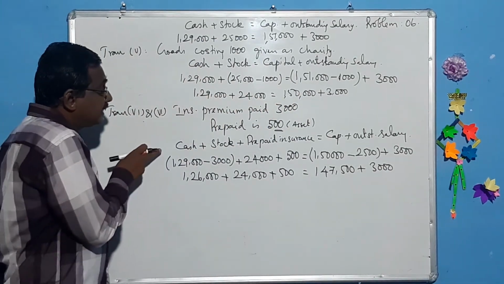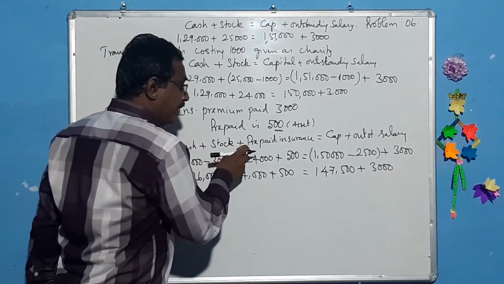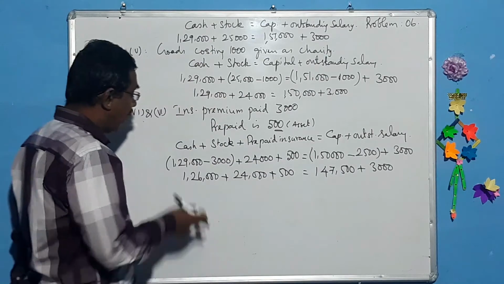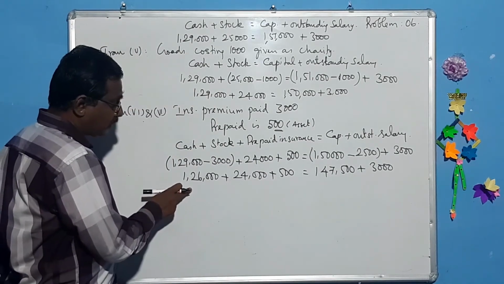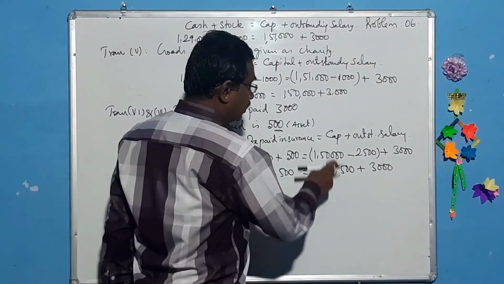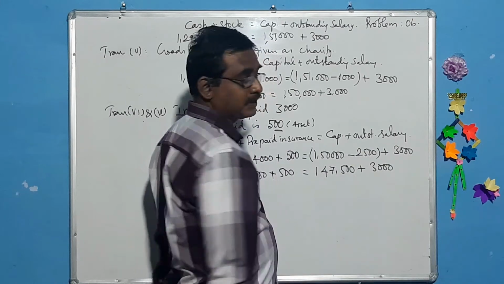So this is the equation: cash plus stock plus prepaid insurance is equal to capital plus outstanding salary, and the amount is 1,26,000, 24,500 is equal to capital 1,47,500. Outstanding salary is 3,000.